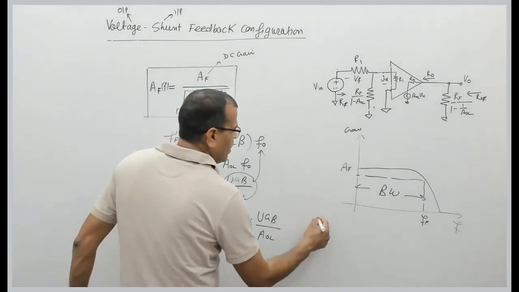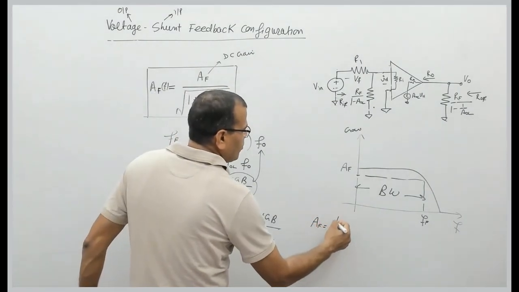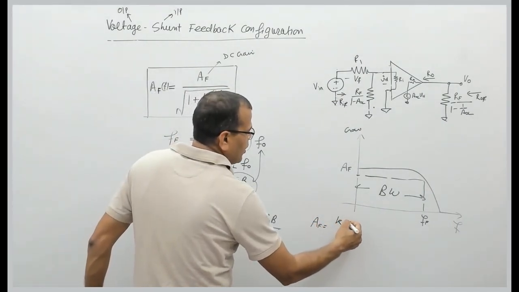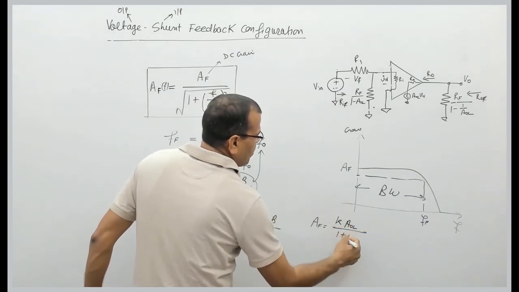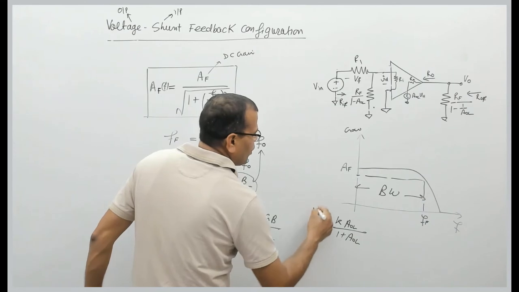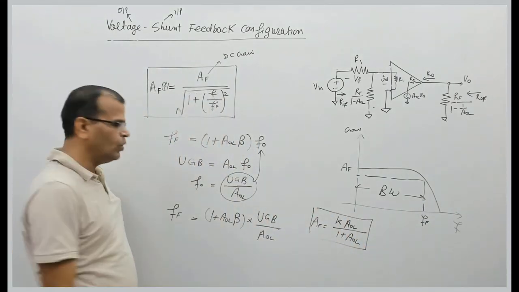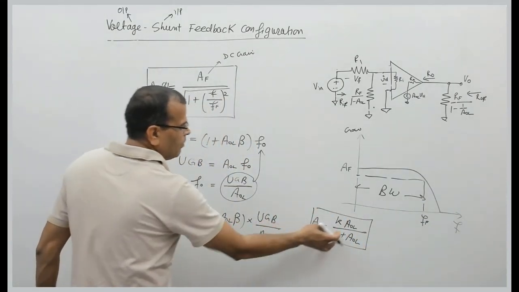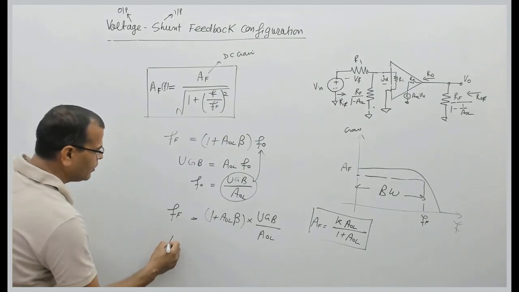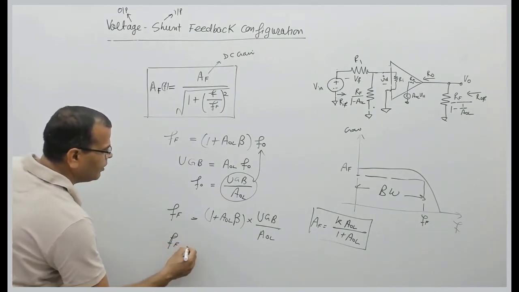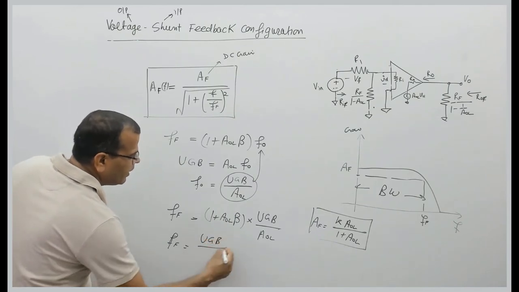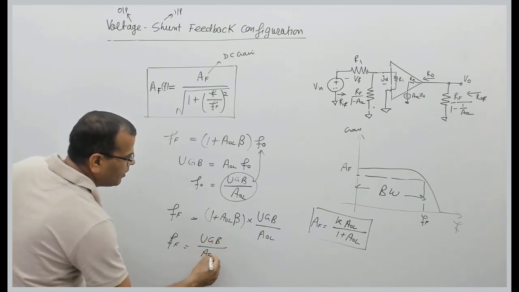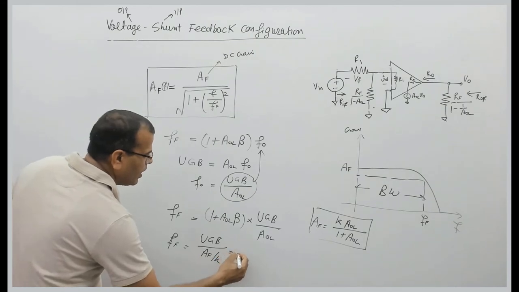But if you remember, the gain with feedback is given by what? K into AOL by 1 plus AOL beta for inverting configuration. So this ratio will be what? AF by K. So the cutoff frequency with feedback will be unity gain bandwidth divided by AF divided by K, or you can write it like this.